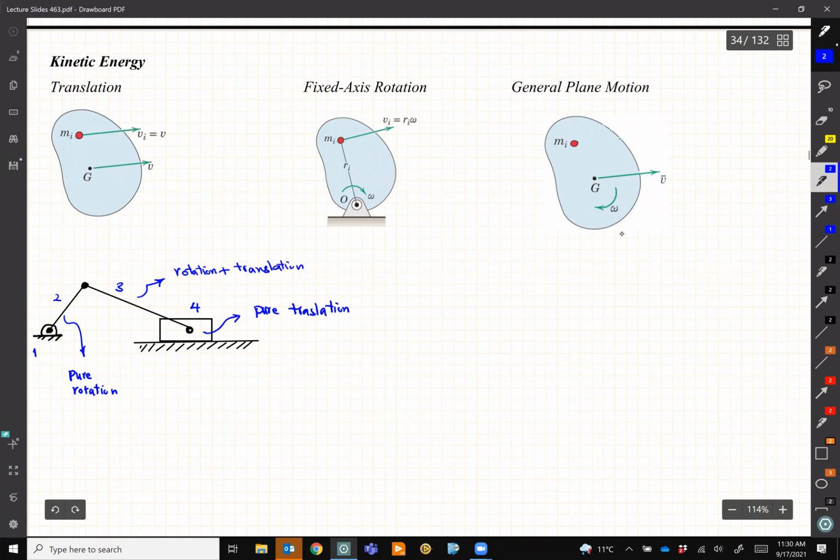When we say rotation, it means if I draw a line on it, after the mechanism moves, the angle of that line is going to change, so it rotates. Okay. So for each of them, we have a formula to calculate the energy. The first one is very simple: T is half of m v squared. More like a particle, no difference.